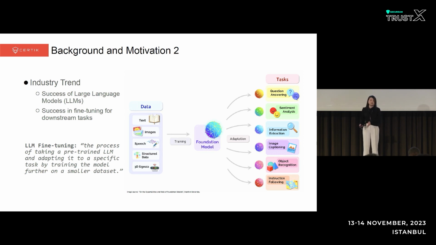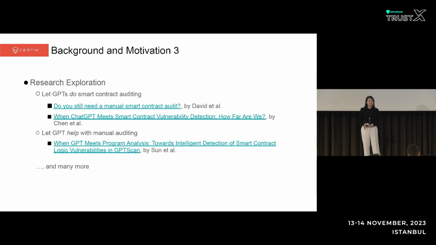Then we pass it to a foundation model, which could be ChatGPT or Copilot or many other large language models. Each of the tasks can then be pre-trained to perform well. For instance, some tasks are answering Q&A questions or particular types of related challenges, and some can be answered better with sentiment analysis. At Certik, we are interested in fine-tuning a model specifically for smart contract vulnerability detection.